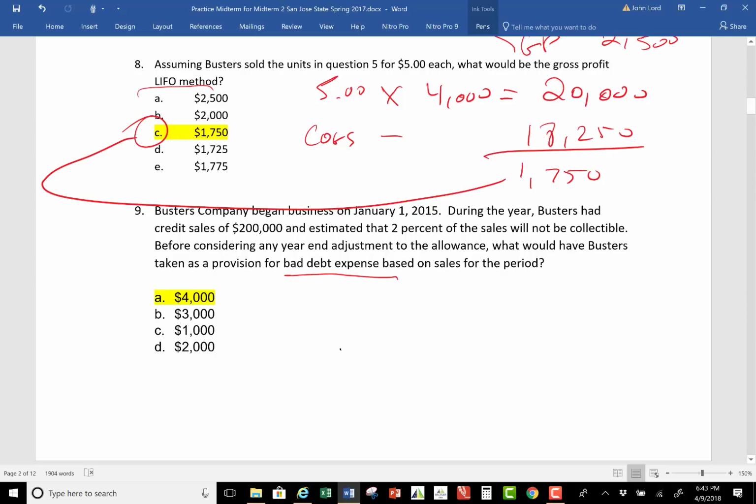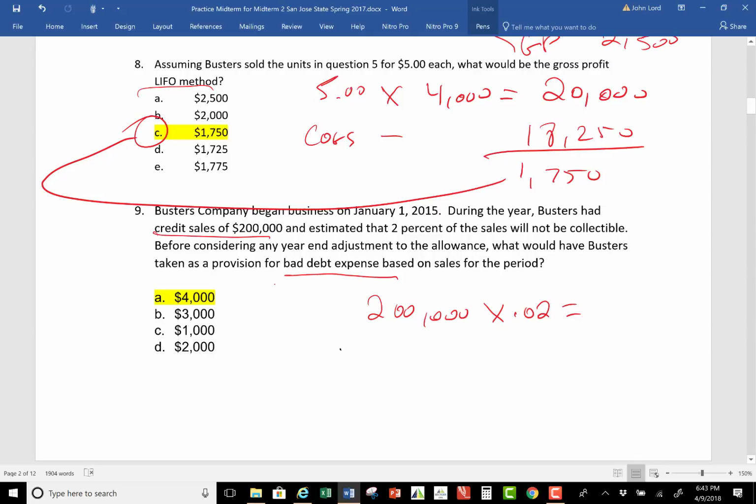Who wants to set this up for me? Don't be shy. Go ahead. So we take the credit sales, there were no cash sales in this example, of 200,000 times 0.02.